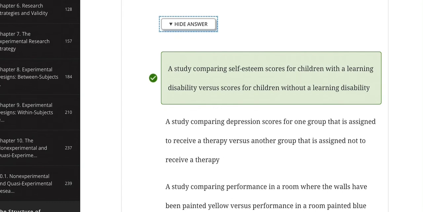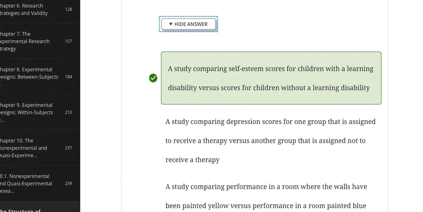There's no manipulation here. The researchers are not giving them a learning disability or removing a learning disability, right? They either have one or they don't. And so they're comparing the groups of scores of self-esteem between the two participant variable groups. It's not a true independent variable, right? It's not being manipulated. It is a participant variable.